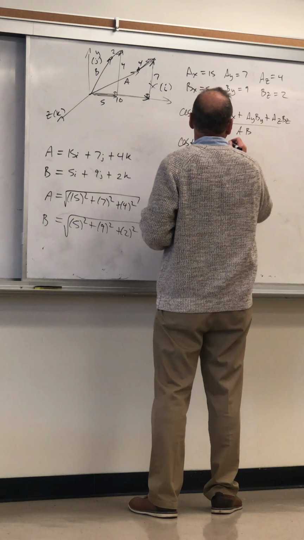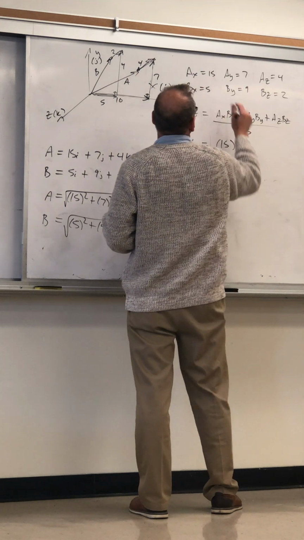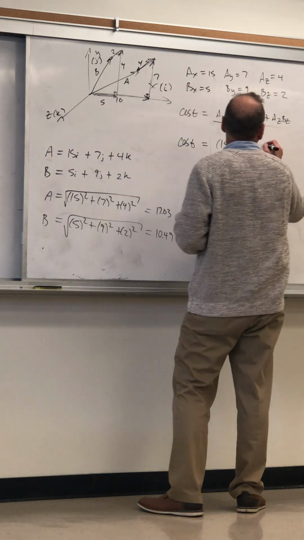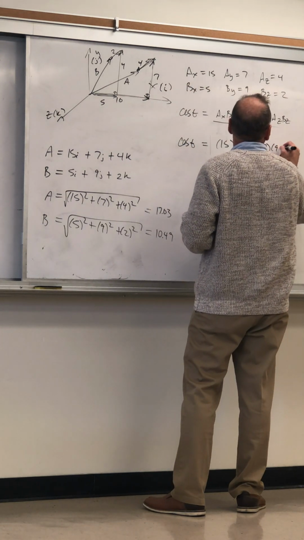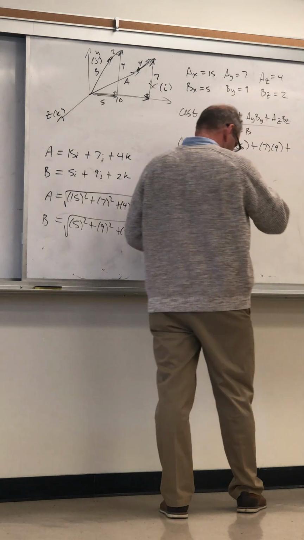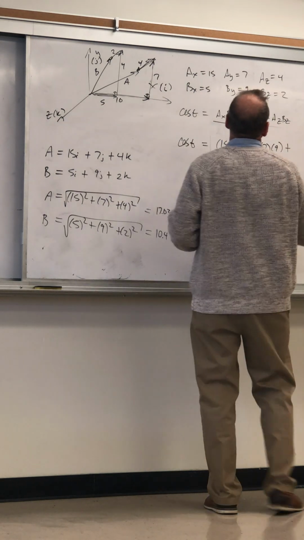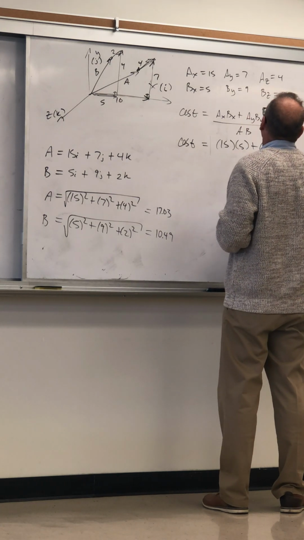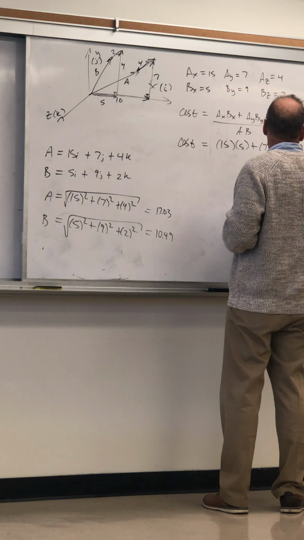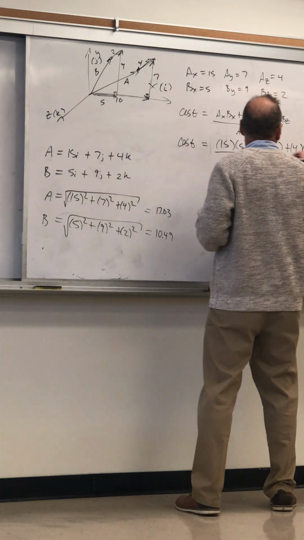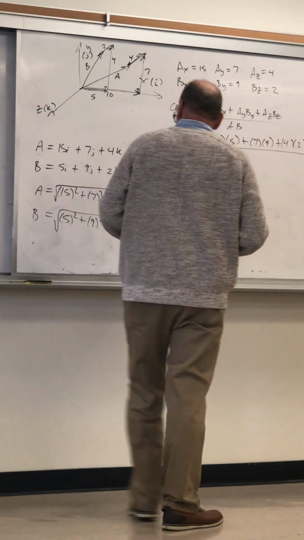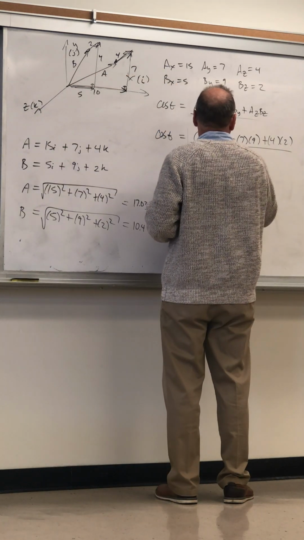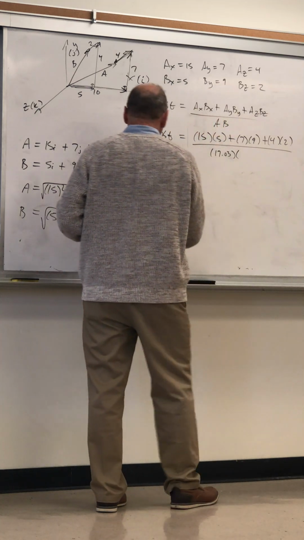So that's 15 times 5, AX BX, plus AY BY, 7 times 9, plus 4 times 2, AZ BZ. Divided by the magnitude of A and B, 17.02, multiplied by 10.4.